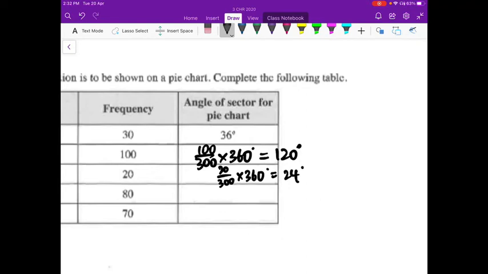Next, 80 out of 300 times 360. 96 degrees. And the last one, 70 divided by 300 times 360, 84 degrees. Okay, so if we were to draw this in a pie chart, these are going to be the angles. It is basically just the proportion times 360 degrees, that's all.